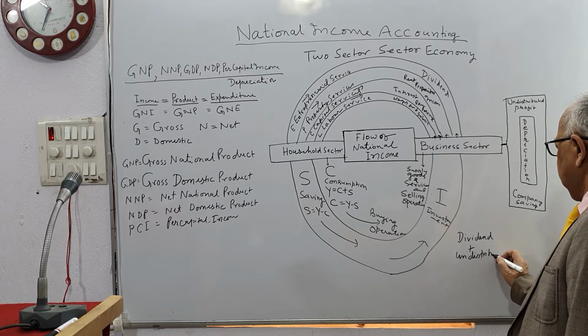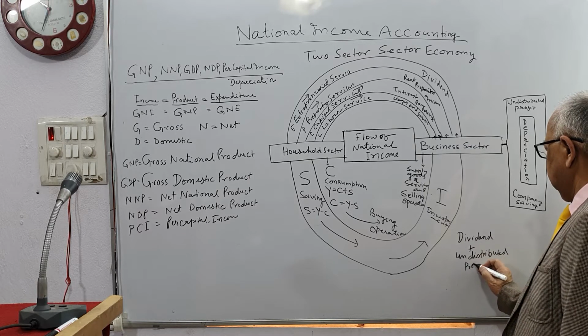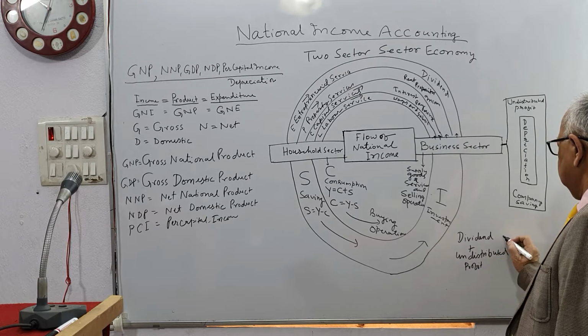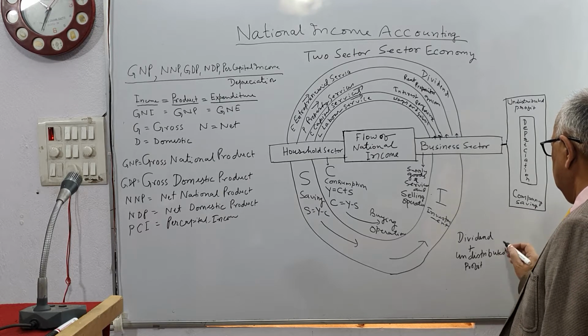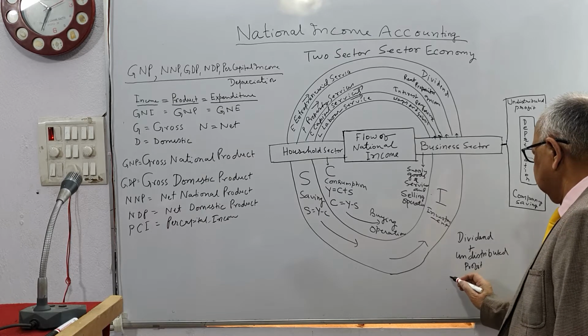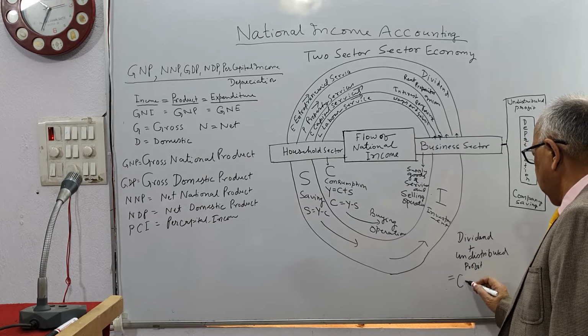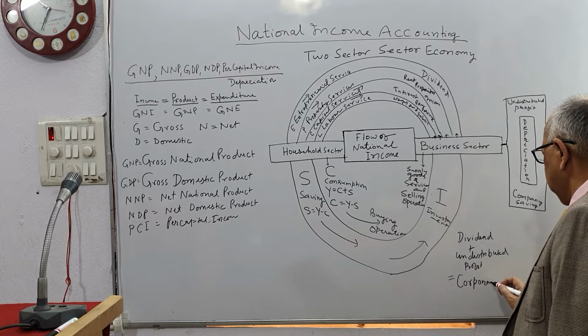Dividend plus undistributed profit is equal to corporate profit.